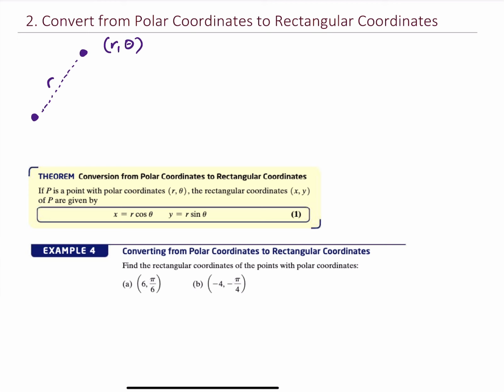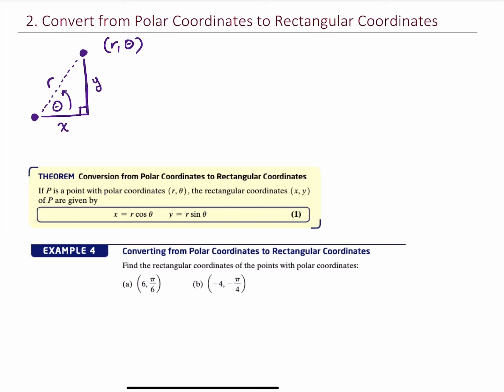Well, if we want to call this some xy coordinate point, the origin and the pole exist on the same point. So we just need to imagine some x distance to the right, and then some y distance up to our point here. So we can call this x and call this y. And this forms a right angle. So we get a little triangle. This would be the angle theta that produces our polar coordinate point.